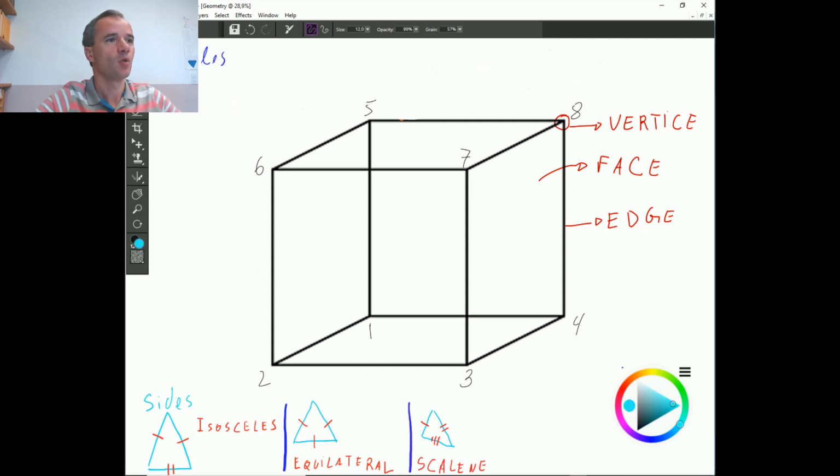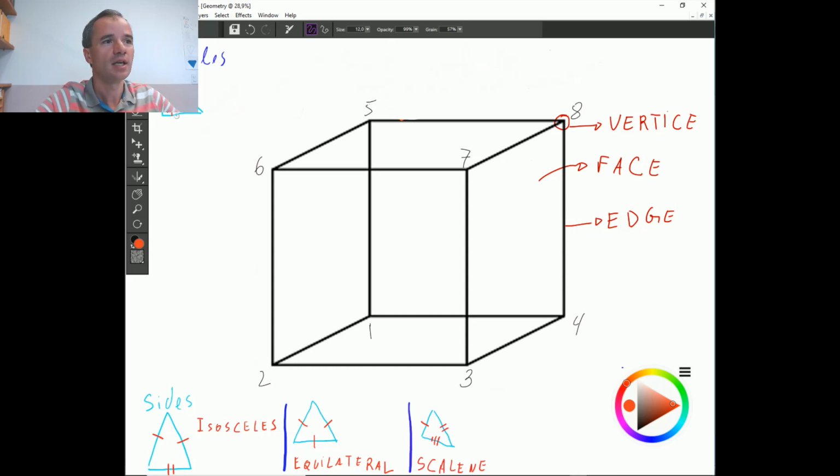Let's see. When we have this triangle, it doesn't matter the sides. We're just interested in the inner angles. We just put a dot in the middle of a square.